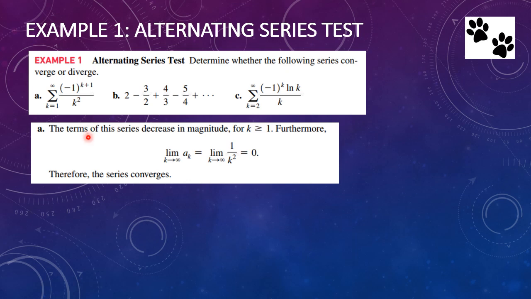When k is 2, we have 1/4, 3, 1/9, etc. So we can see that it is definitely decreasing in magnitude. Now, if we apply the limit as k goes to infinity, again, just of the function that represents a sub k, which is removing the alternating function, we can easily see that this goes to 0. So both of the conditions are met, and so this series converges.